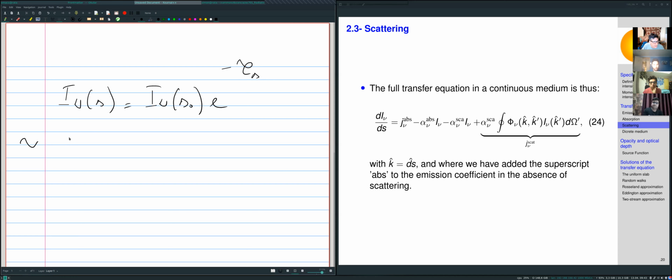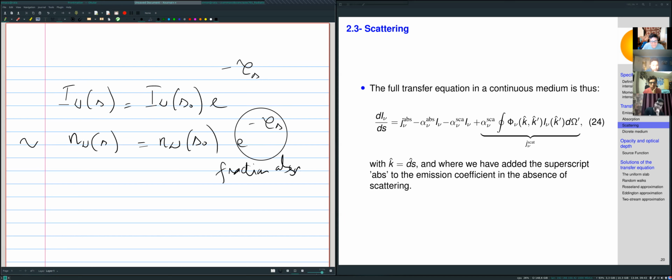Modulo constants, this means that the number density of photons with that frequency at coordinate S is equal to the number density of photons at coordinate S0 decreased by this amount. That would be the fraction of photons that have been absorbed between S0 and S. So you can think of this as related to the probability for a photon to be absorbed.